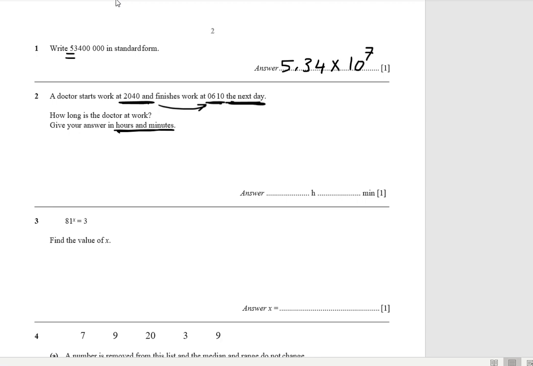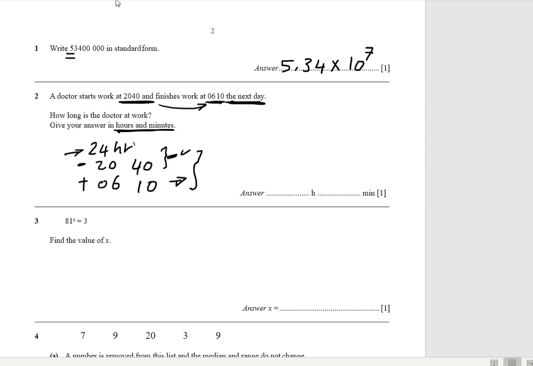So let us start. The first day is 24 hours. If we subtract 20:40 from this day, we find how many hours he stays in the first day, plus 6:10. Then we find the total duration.